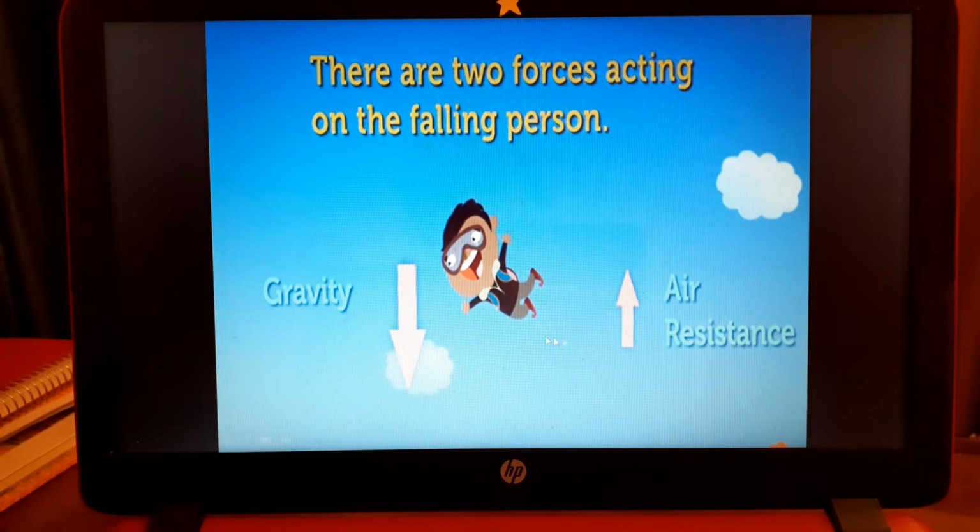At any moment, if gravity is winning, which is most of the case, you will fall down. However, if air resistance wins, you will fall down under the effect of gravity, but much less. And if air resistance wins completely, you stay floating, but not for a long time.